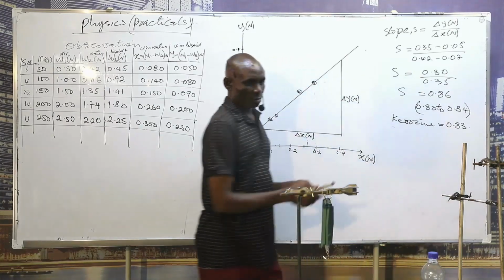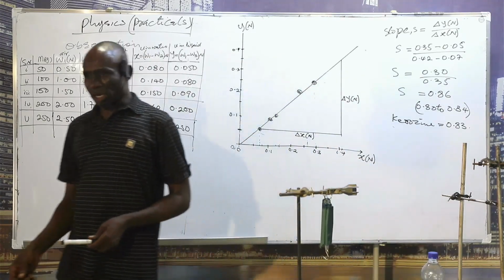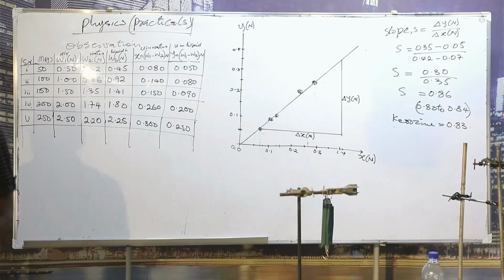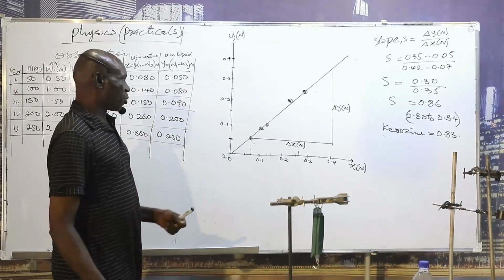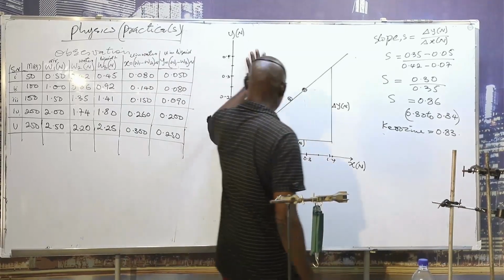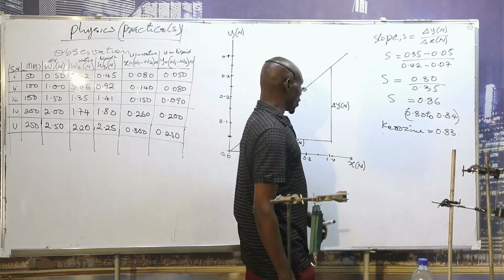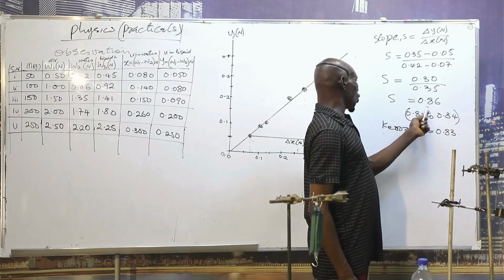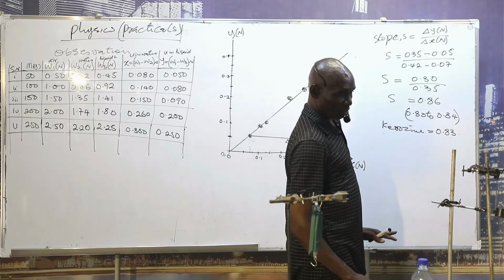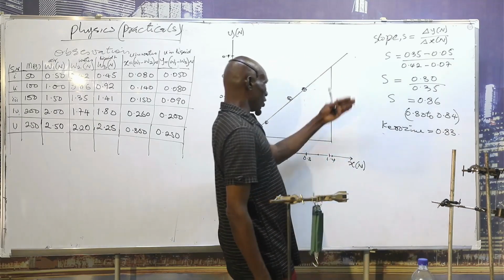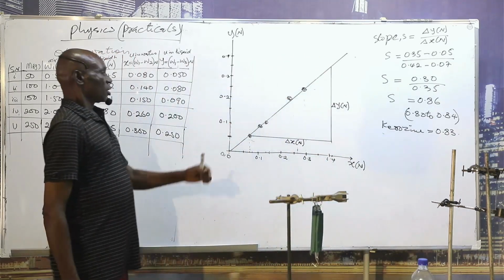That is kerosene. It has a relative density of 0.83. But due to the sketch, due to the free space on the board, I was able to obtain 0.86. So this is exactly the proof.